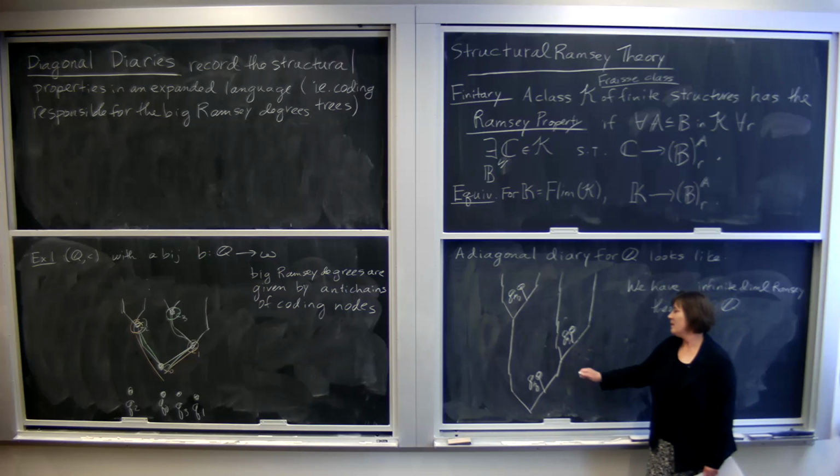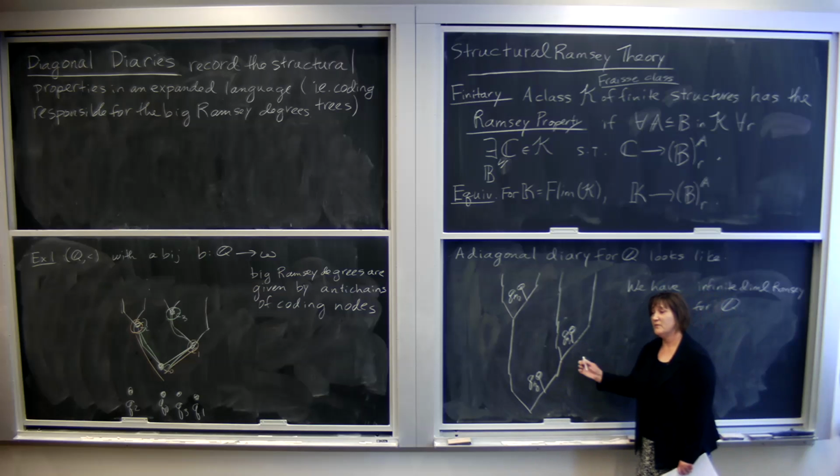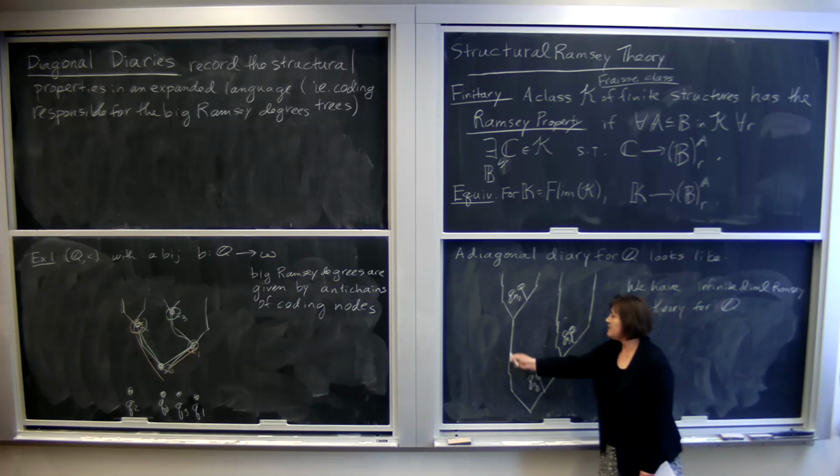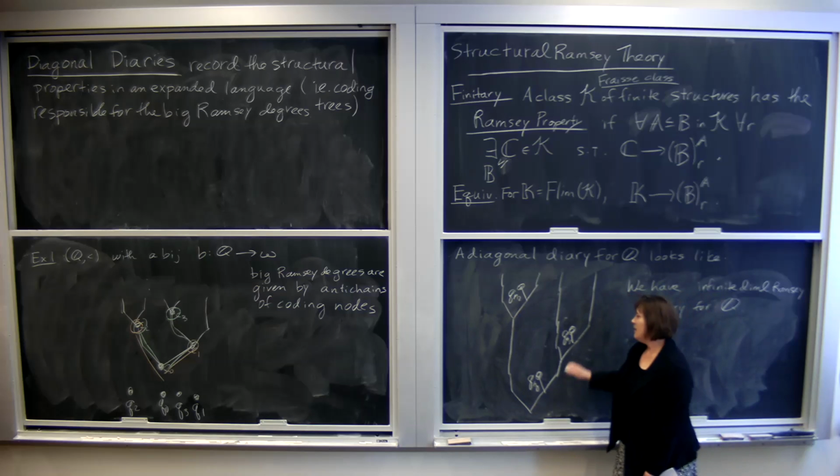And for the Q-like structures, so Q, Q sub n, Q sub Q, those sorts of things, the key property that gets you the A3.2 axiom is that there's no decision to be made except at the coding node.